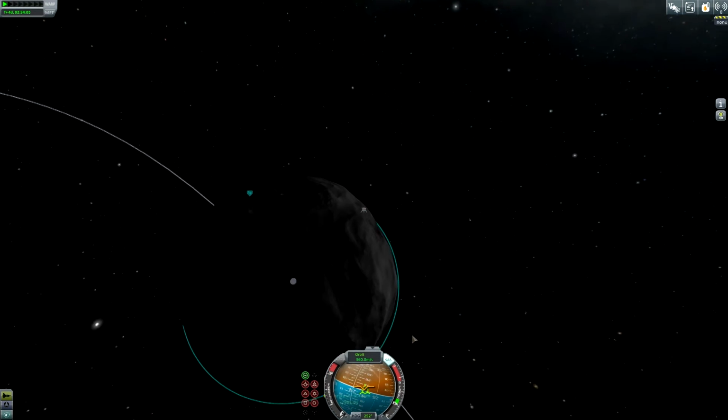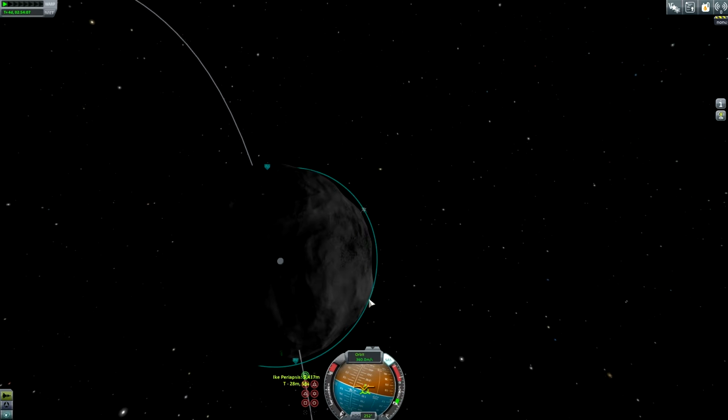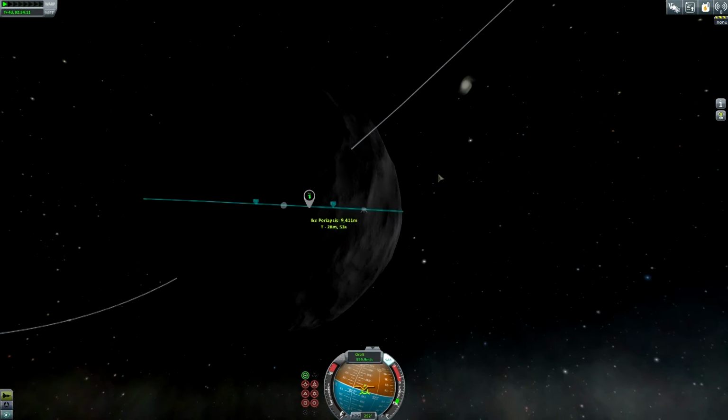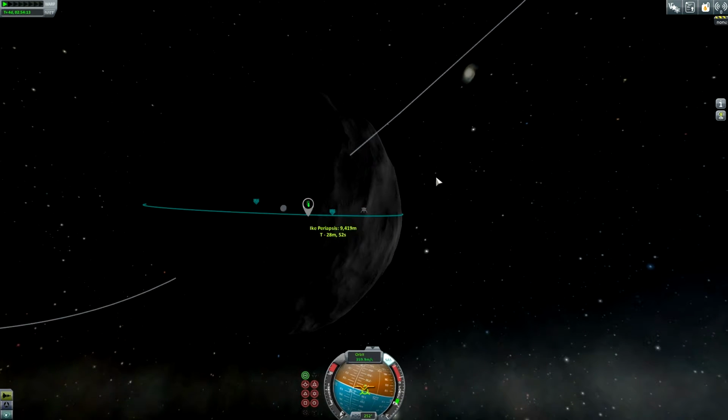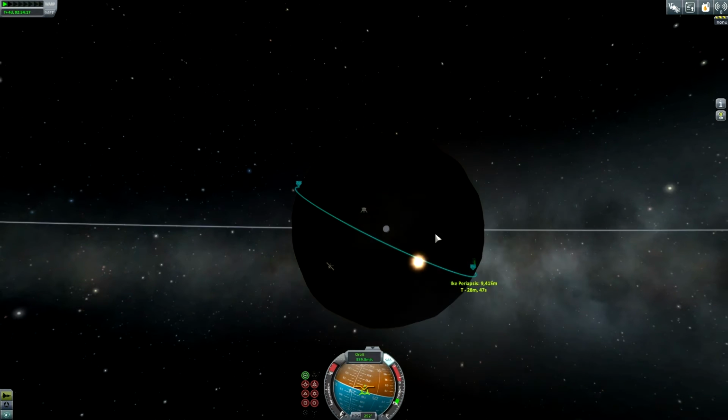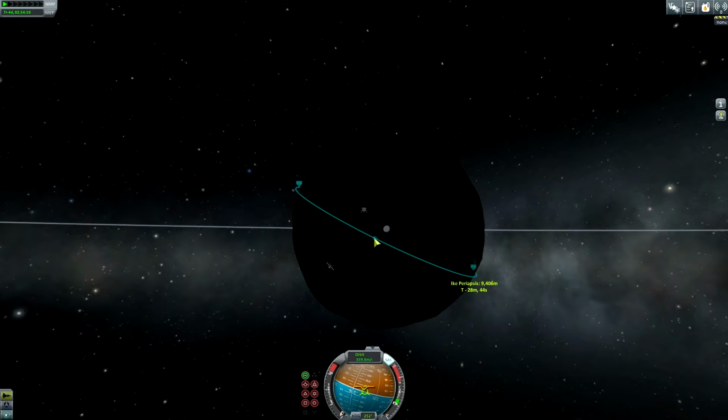Phew. Okay, and then we have somehow to survive this part of the orbit, because this looks really, really, really dangerous. But yeah, we will see. Okay, the next position for an inclination change would be over here.